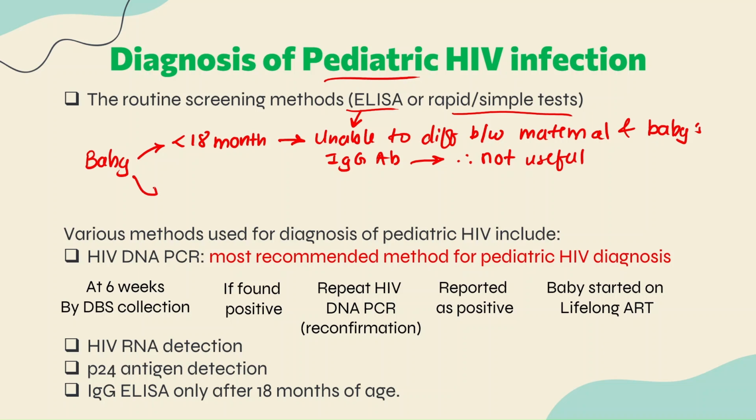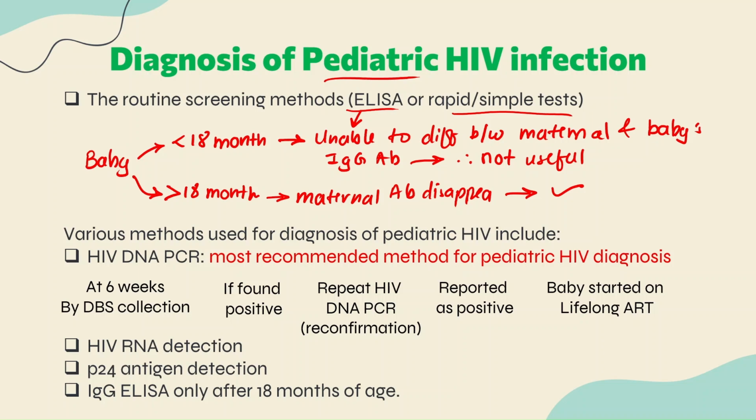But after 18 months of age, the maternal antibodies disappear. Maternally transferred antibodies are going to disappear, and therefore these tests can be performed. ELISA and all can be performed. Clear?